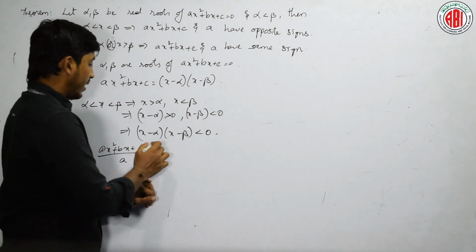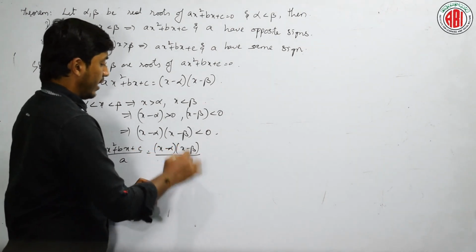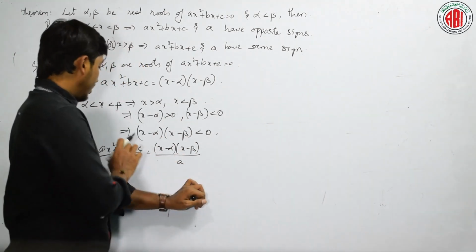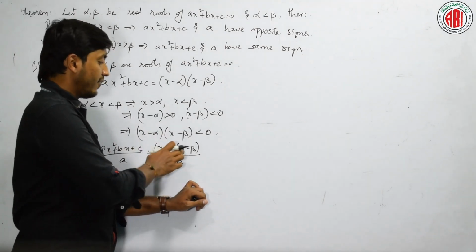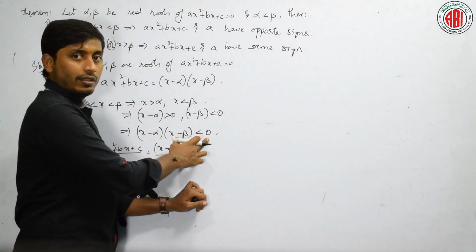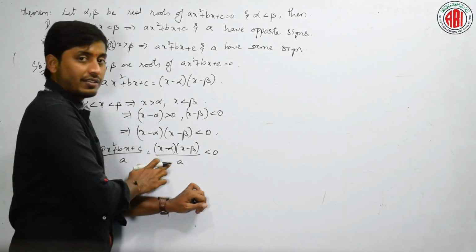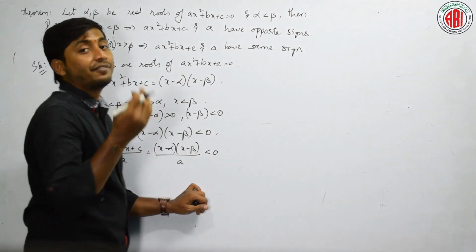What is this numerator? Can I write it as x minus alpha into x minus beta? Let us put a as it is. Now, if you observe here, we know that x minus alpha into x minus beta is less than 0. Yes or no?